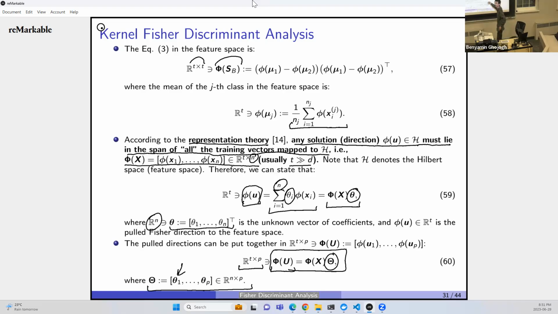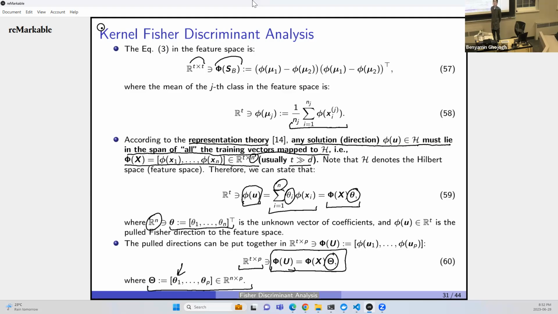What is it? It says wherever you see U in your algorithm, replace it with phi of U, because in the feature space it becomes phi of U, and replace phi of U with phi of X theta. Then solve it, simplify it. Hopefully, you will end up with phi of x transpose phi of x, and then replace it by the kernel.